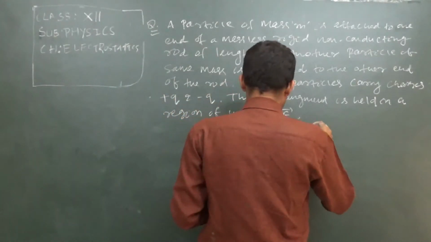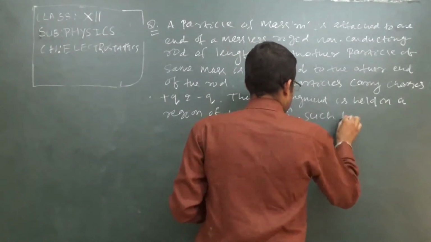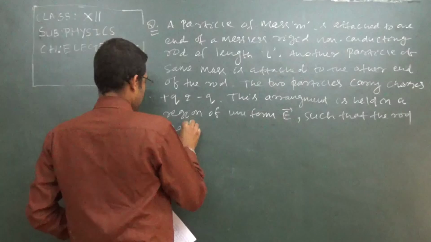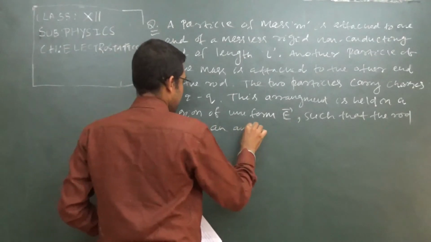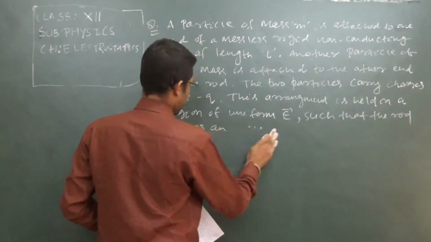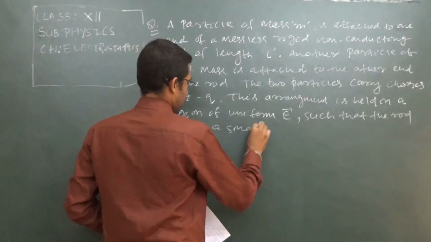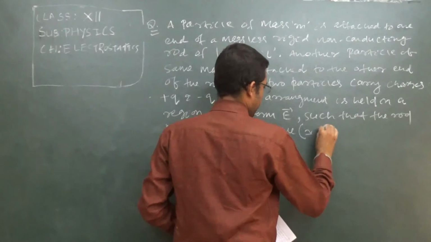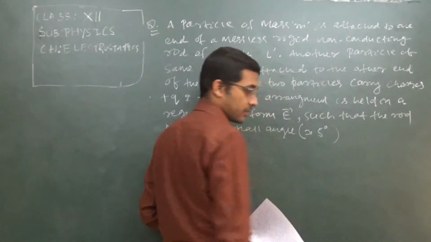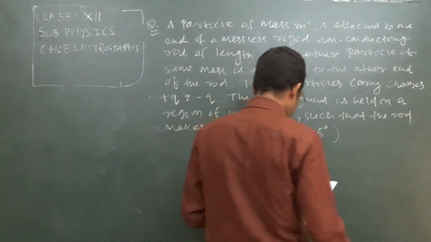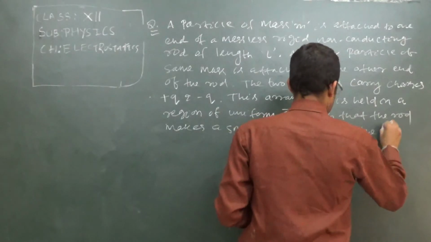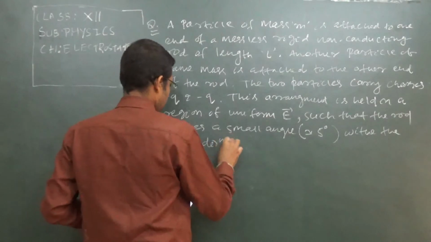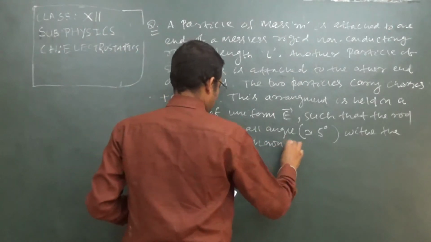Uniform electric field such that the rod makes a small angle, in your question it is given approximately 5 degrees, with the field direction as shown in the figure.